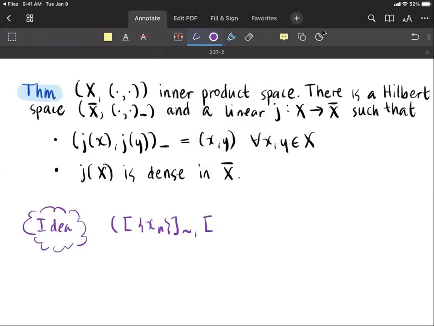So consider equivalence classes of Cauchy sequences. You take the inner product of the complete Hilbert space by taking the limit of the inner products corresponding to the representatives. And that's the idea of the proof. Again, following the methodologies in the proof provided for metric spaces, one can show this.